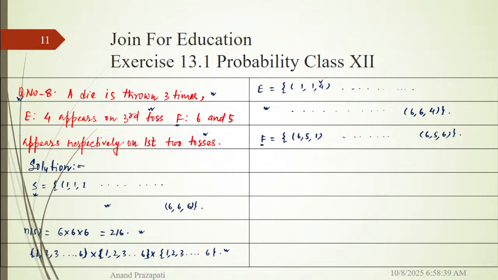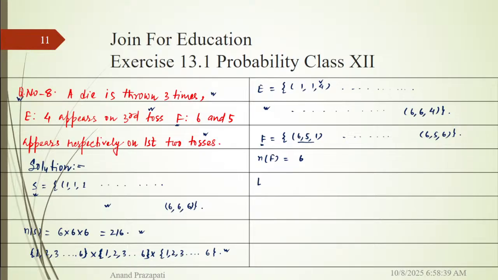So we need the number of F. Here the number of F will be what? Let's count: 1 2 3 4 5 6. So the number of sample points for event F will be 6.